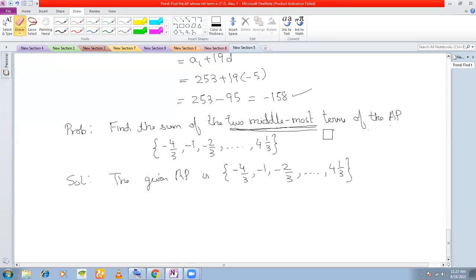Anyway, this is not a multiple choice question. So here the given AP is this. So I say let 4 1/3 be the nth term of the AP.